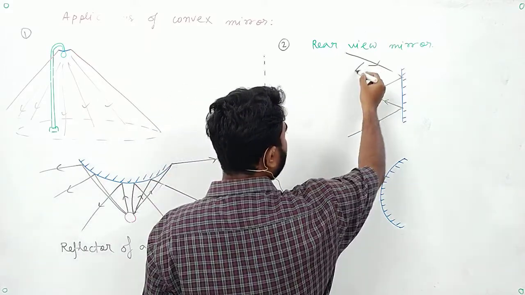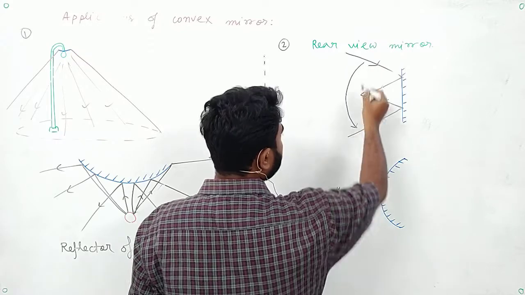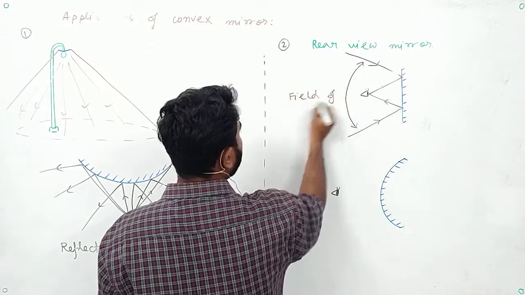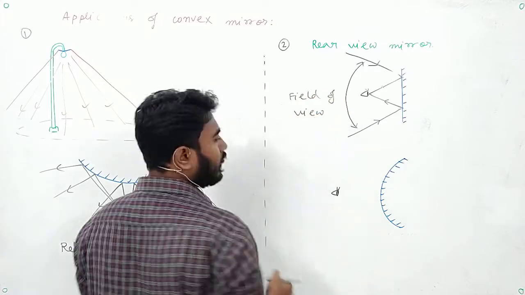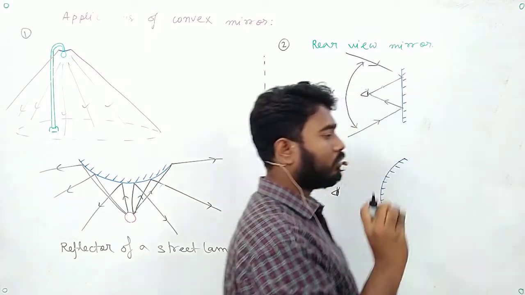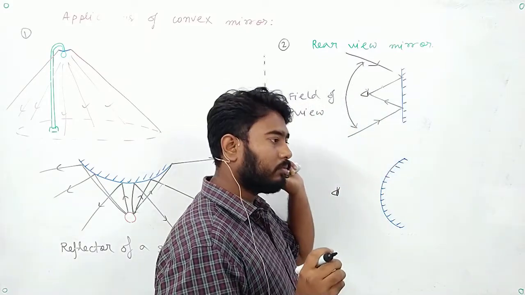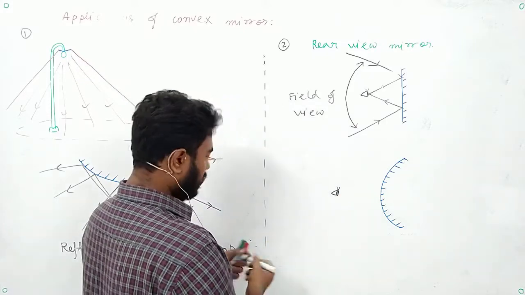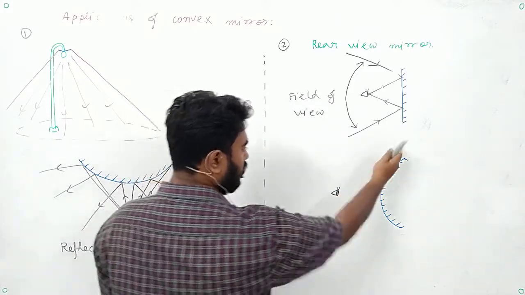Now what is the field of view? This is known as field of view. The total thing that you can actually see is your field of view. Now you look at a convex mirror.